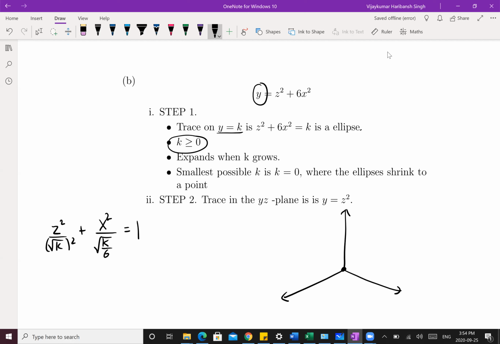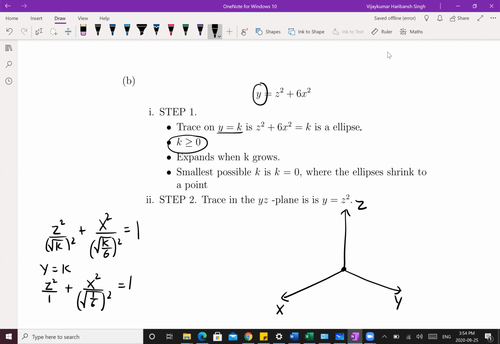Let's say when k is 1, so y equals 1, we get z squared by 1 plus x squared by square root of 1 by 6 the whole squared equals 1. So it's going to be an ellipse, where we have the x, y, and z axes at right angles according to the right hand rule.